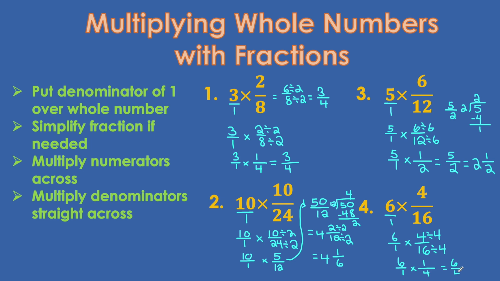We have 6/4, which is an improper fraction. And let's convert this into a mixed number. 6 over 4. 6 on the inside, 4 on the outside. 4 goes into 6 one time. 1 times 4 is 4.